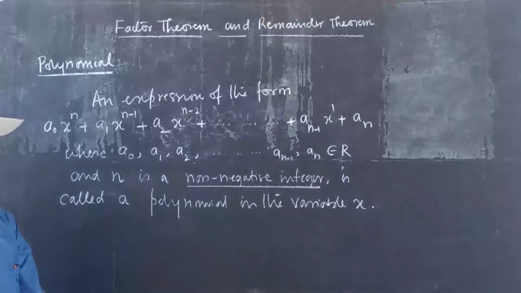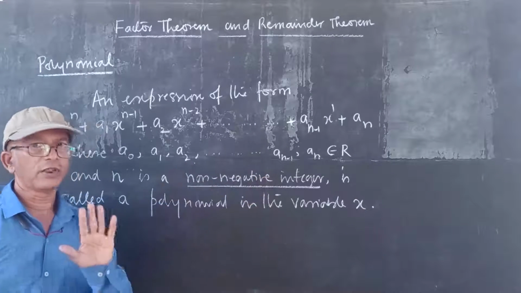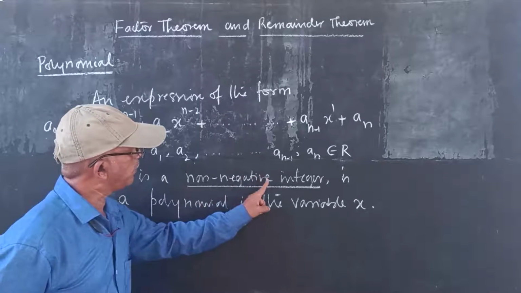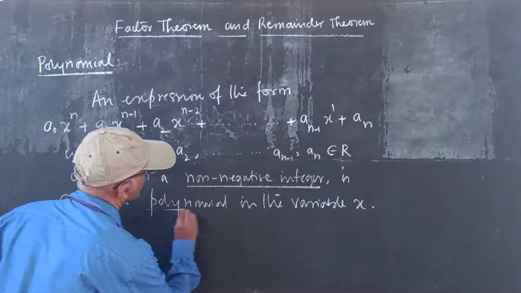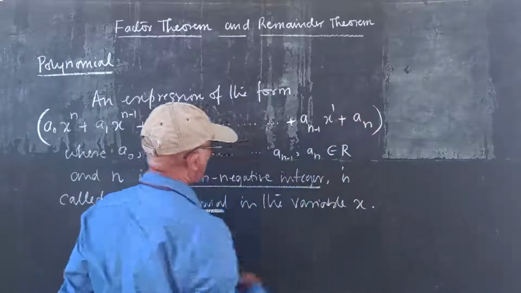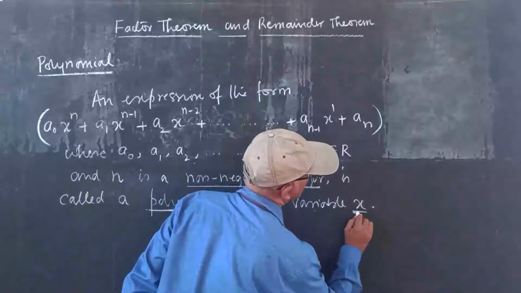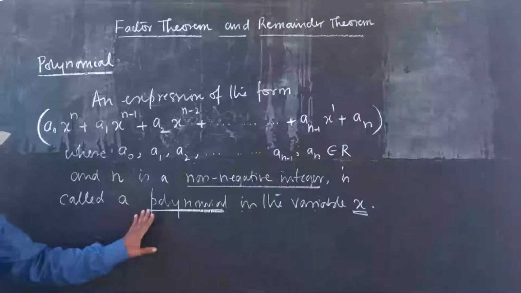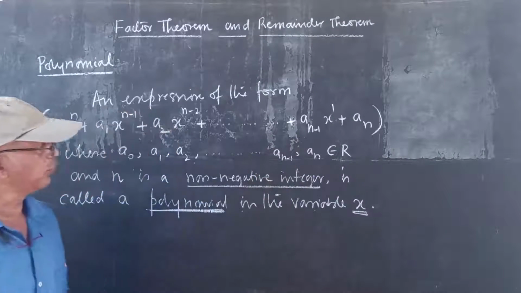Be very careful. We are using the word non-negative integer. We are not saying it is positive integer. It is non-negative integer. Is called a polynomial. This expression is called a polynomial in the variable x. This is important. Whenever we say it is a polynomial, in which variable is most important.